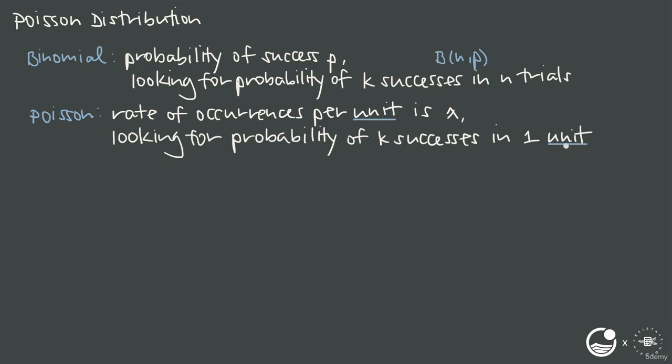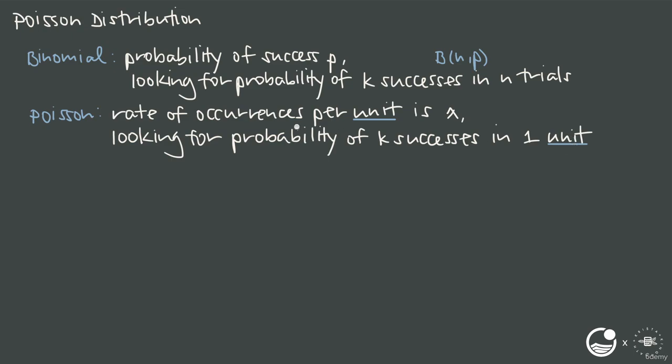So an example could be the number of planes that fly over our house per hour of the day, where the occurrence is a plane flying over the house and the unit is time, in particular hours. And so if we say that lambda is equal to 10 planes per hour, then we could investigate the probability of any number of planes flying over the house in 1 hour.